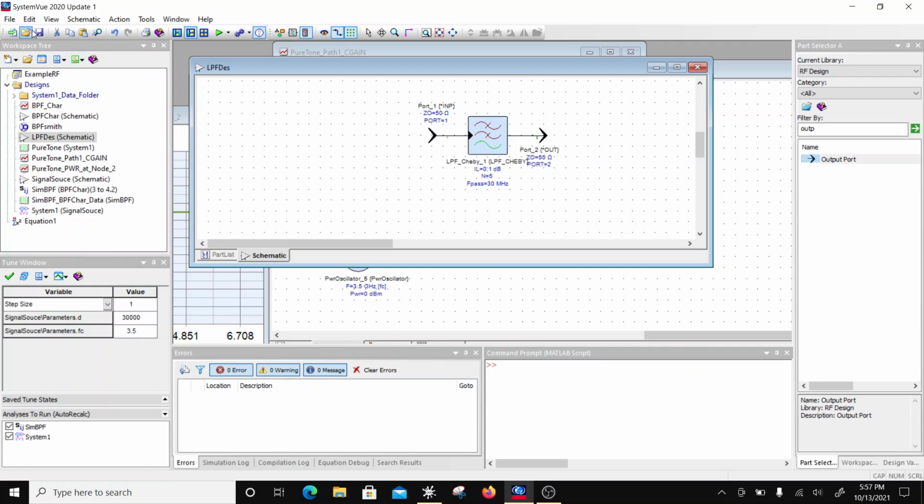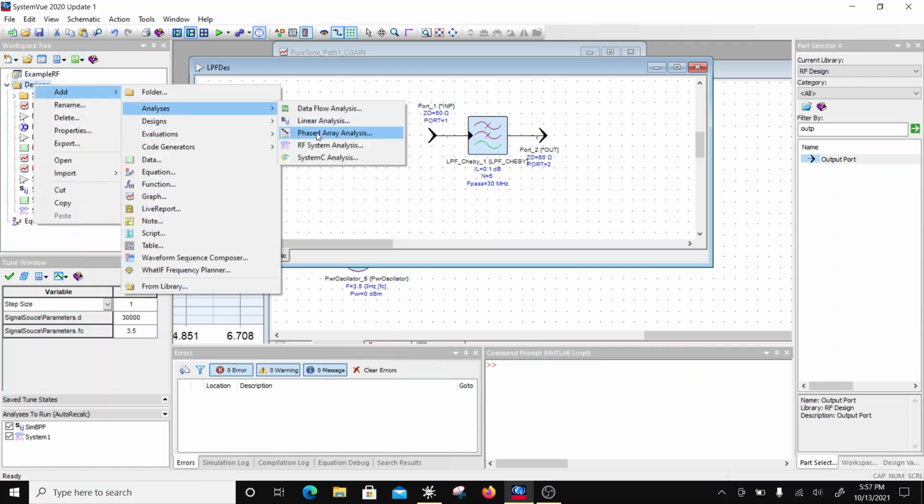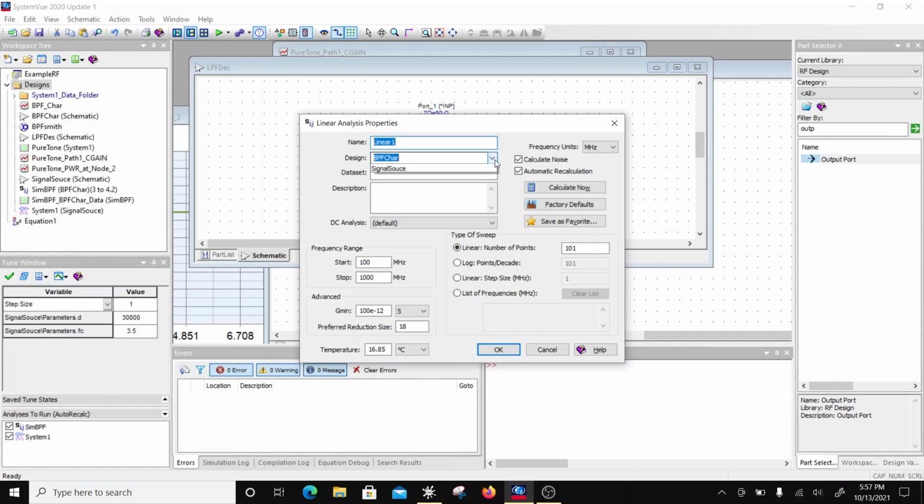Okay, so we are done with this. Let's do an analysis which is linear, and this time it refers to the LPF. I am looking at its characteristics from 1e minus 3, which is kilohertz, to something like 100 megahertz, and I'll put 501 points here.